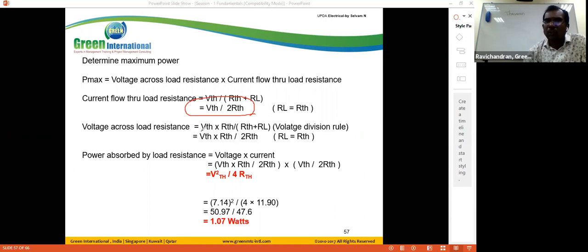Applying the voltage division rule: total voltage into same resistance divided by total resistance. Total voltage here is VTH, same resistance is RTH, and total branch resistance is RTH plus RL.